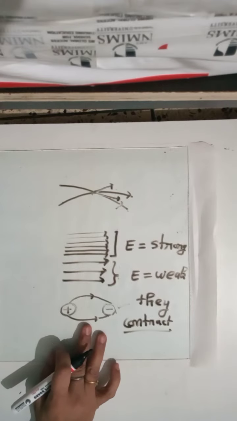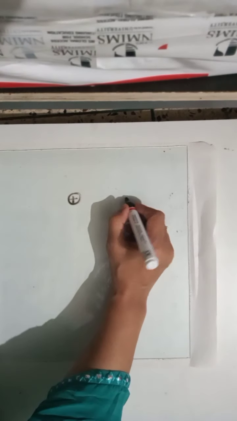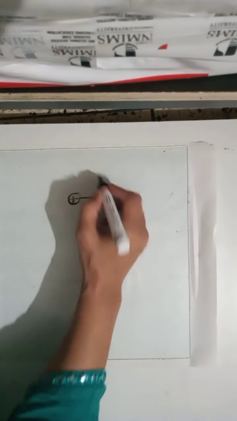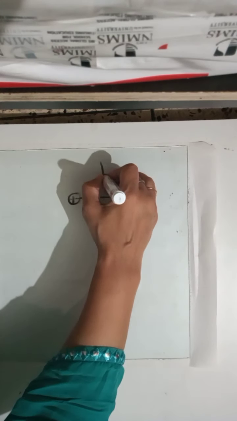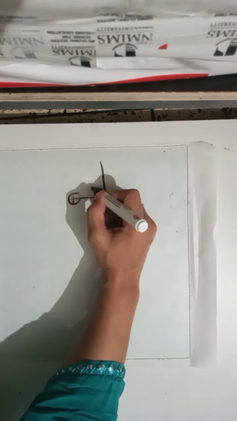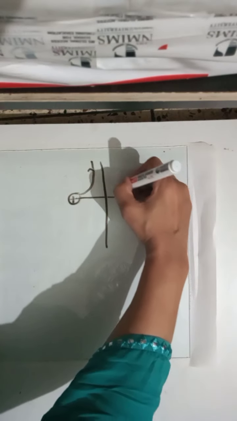Now, how can you explain that two like charges repel each other? This can be explained by drawing the electric lines of forces for two similar charges, either both positive or both negative. You will see the nature of the electric lines of forces will be in this way.